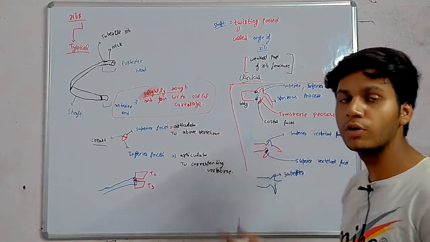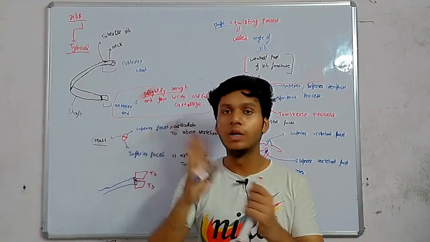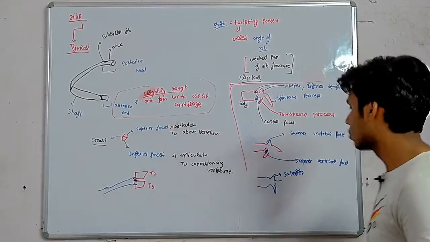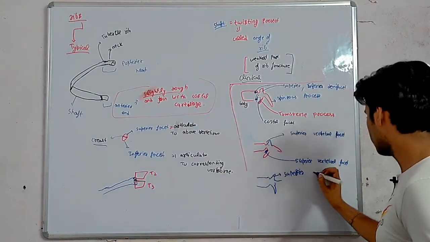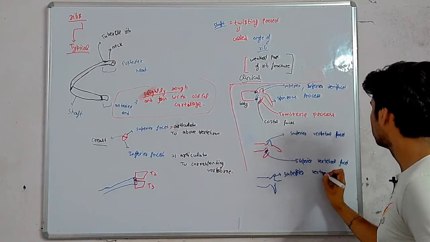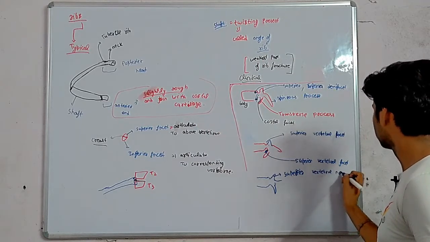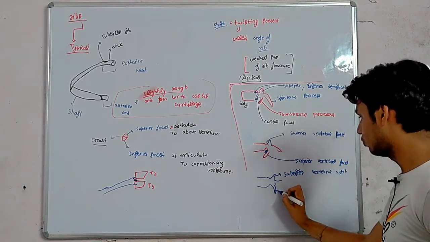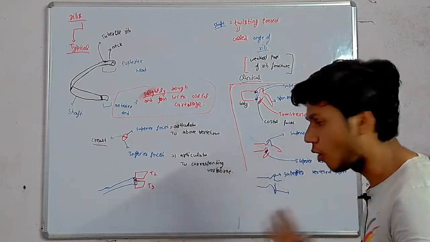This is the superior vertebral notch, which is projecting backward. It is present on the posterosuperior aspect of the pedicle. The inferior vertebral notch projects forward.